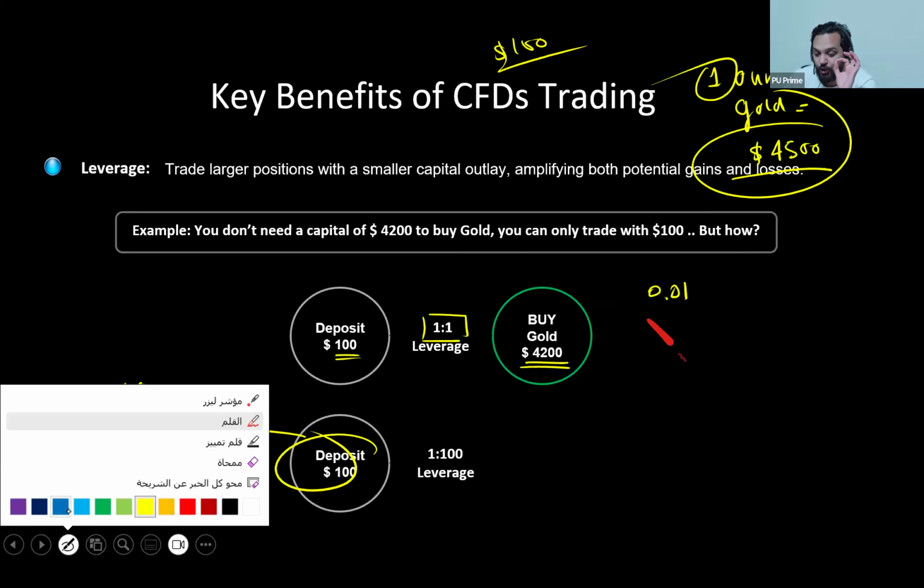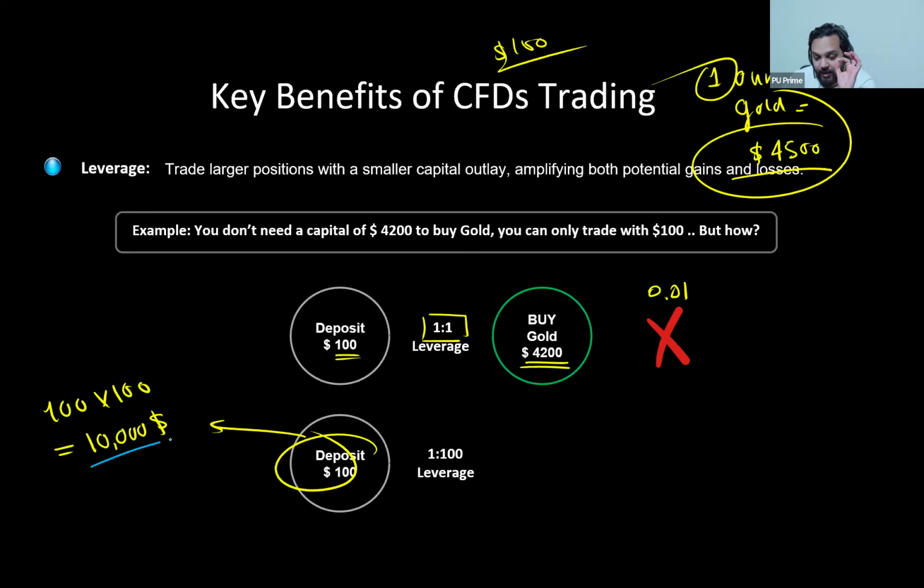This $10,000 that you have here, as a trader, you only own $100 of it. The remaining $9,900 is a loan.